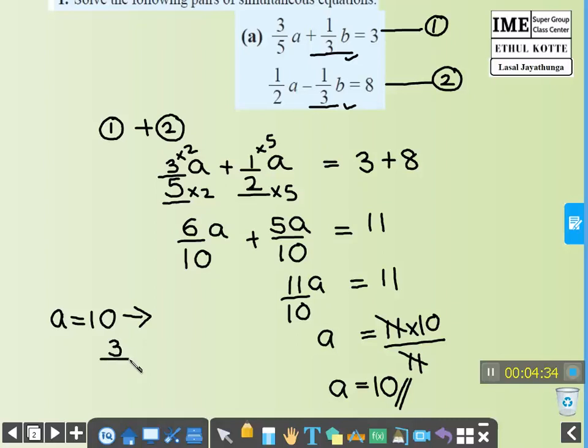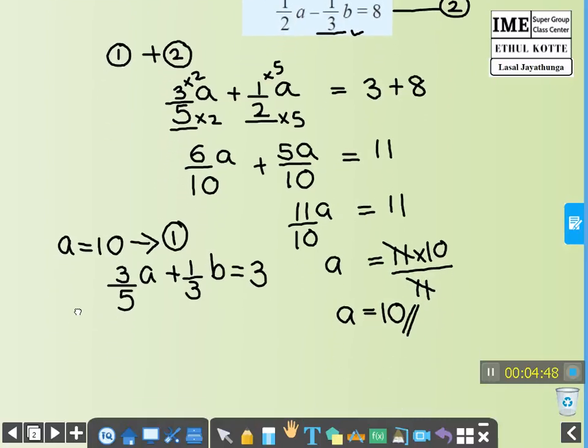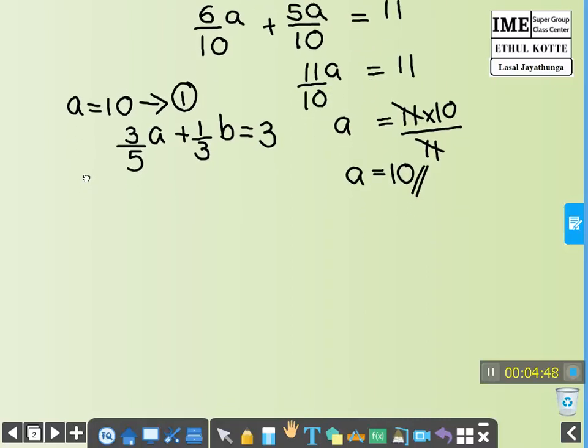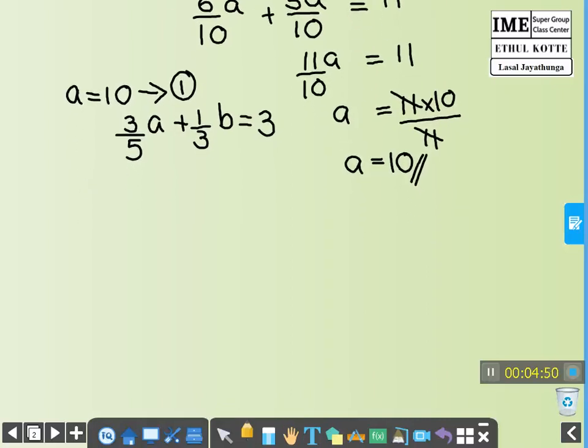First equation, 3 upon 5a plus 1 upon 3b equals 3. Right. Now we'll substitute and try to find the value of b. 3 upon 5, a is 10, plus 1 upon 3b equals 3.